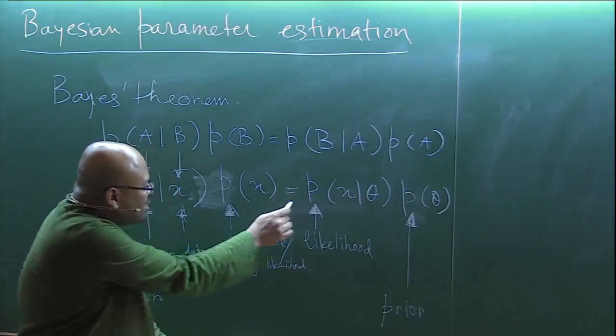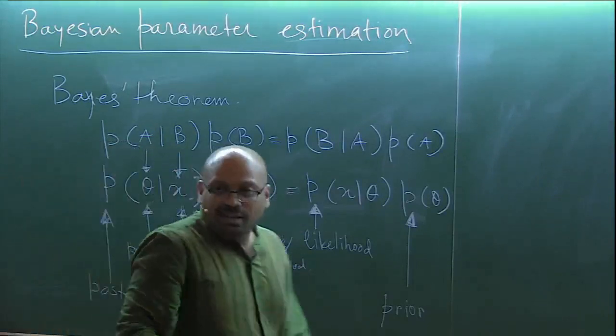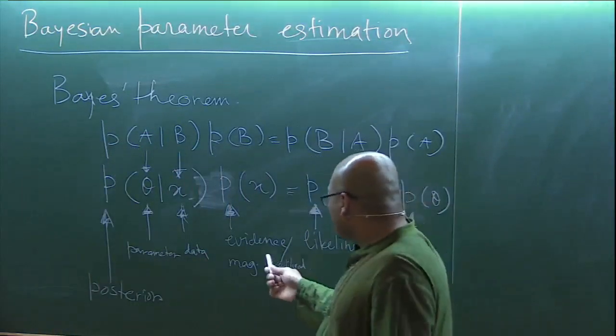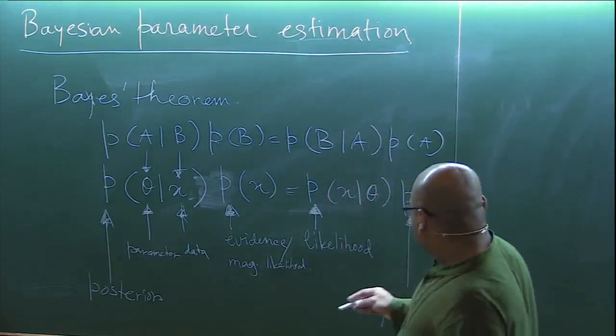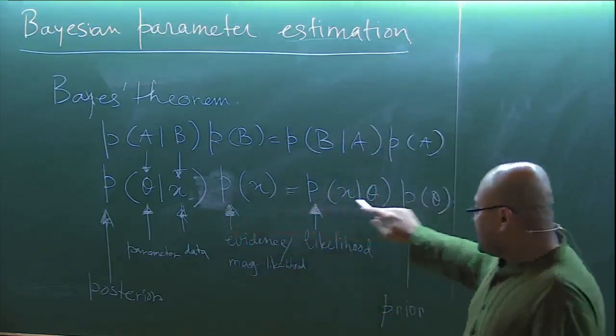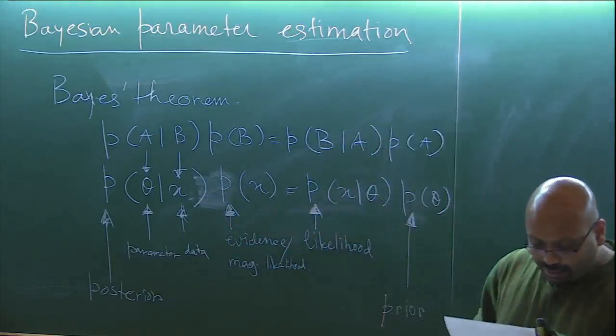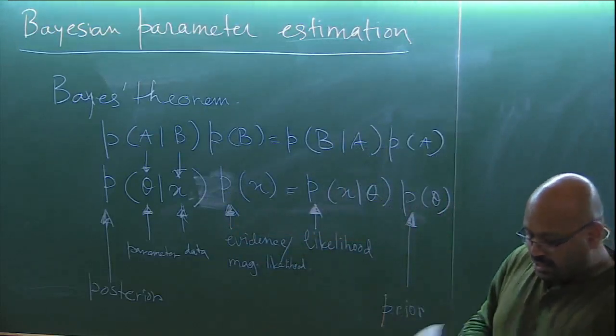And for parameter estimation, this just acts as a constant, while it's very important for doing model selection. So this is the Bayes theorem in the form that we will need it.